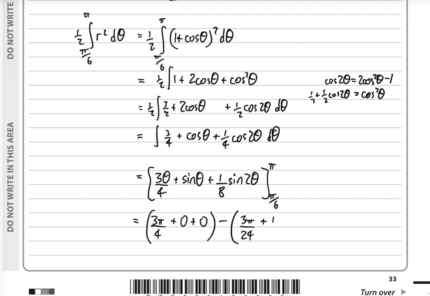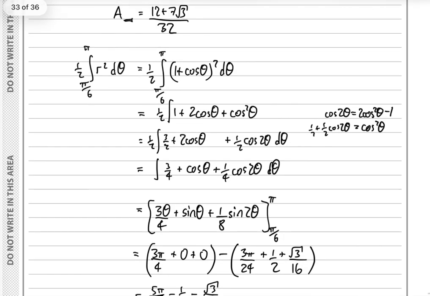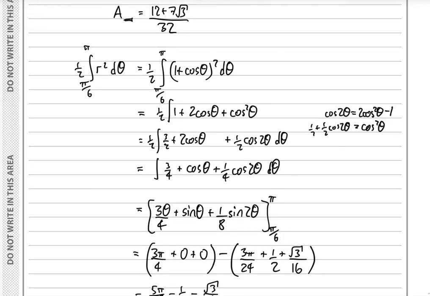Sine of pi by 6 is a half. Sine 2 pi by 6 is root 3 over 2. So that becomes root 3 over 16, which gives us 5 pi over 8 minus a half minus root 3 over 16. And we have to add that together with the area of the triangle at the top of the screen there.